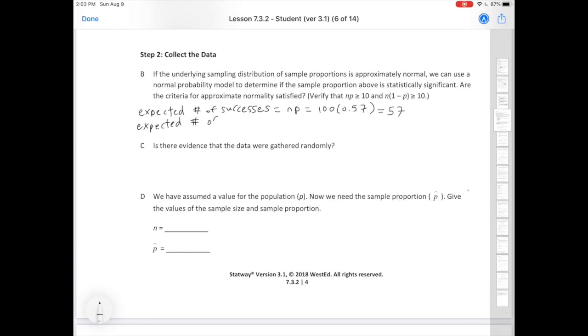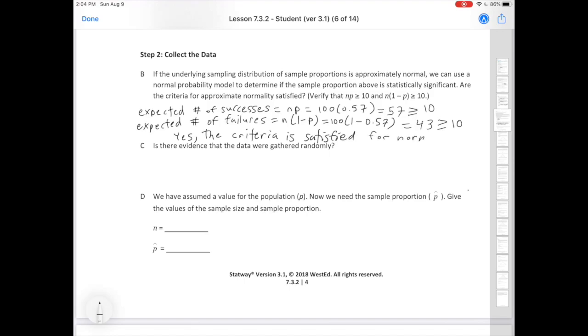Expected number of failures, it would be n times 1 minus p, which is 100 times 1 minus 0.57, which if you work that out is 43. Both of those are at least 10. So that means, yes, the criteria is satisfied for normality.